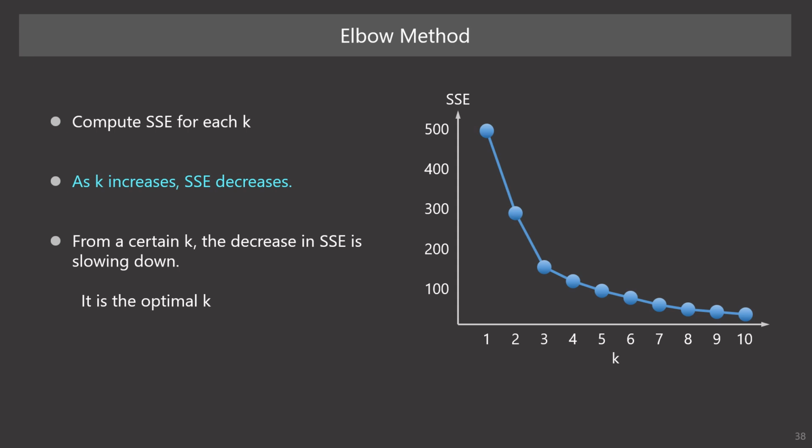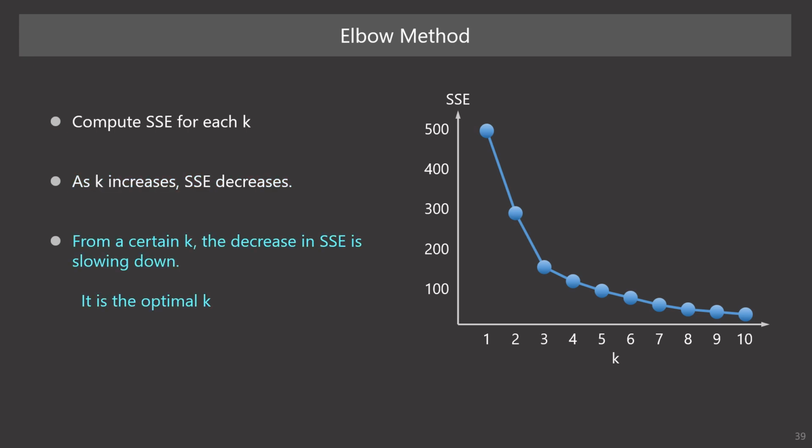As we can see, from the case where k is 3, the decline in SSE is slowing down. It means that if we increase k from 3 to 4, we cannot decrease SSE so much. It suggests that increasing k from 3 to 4 is meaningless. That is, further increase in the number of clusters is not meaningful.